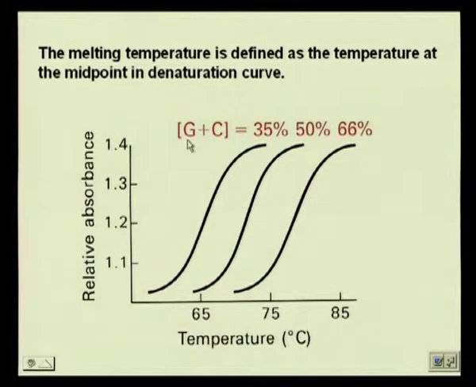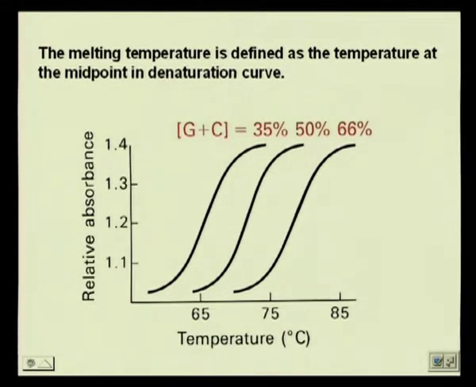look at what I have, 3 denaturation curves here. So, I have 3 corresponding melting temperatures of 3 different DNA samples that have differences in their G plus C content. What is a G plus C content? A GC base pair content. The GC percentage has increased from left to right, and this has resulted in an increase in the Tm.